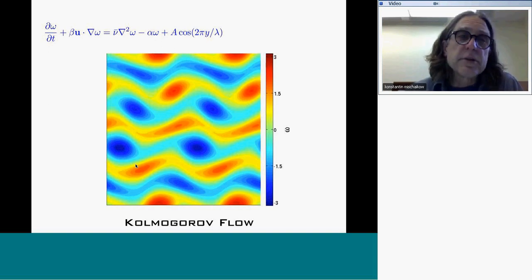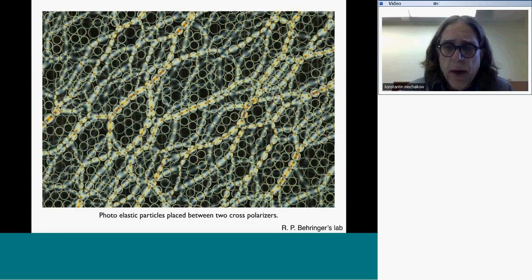I want to understand the dynamics associated with this nonlinear PDE, and we can use topological methods to do that. Here's something different, coming from Bob Behringer's lab. What you're looking at is lots of little disks.